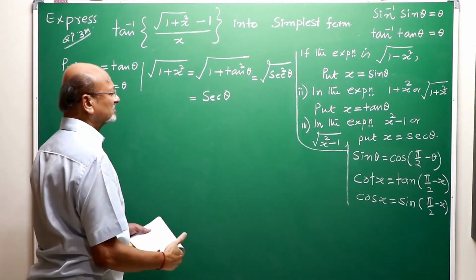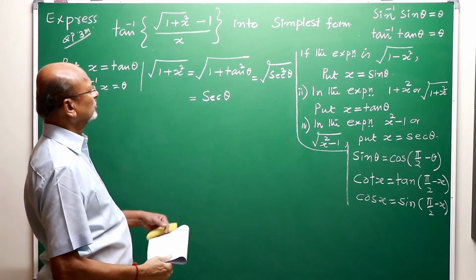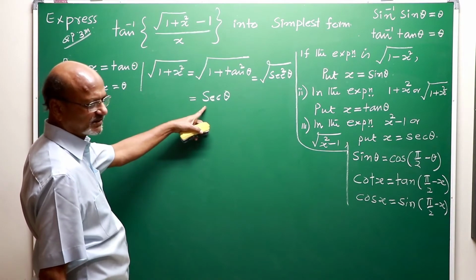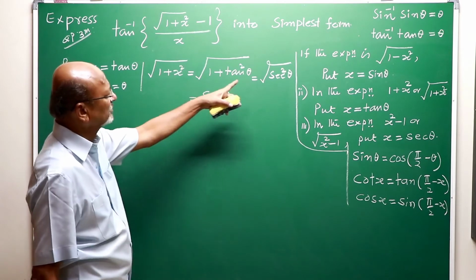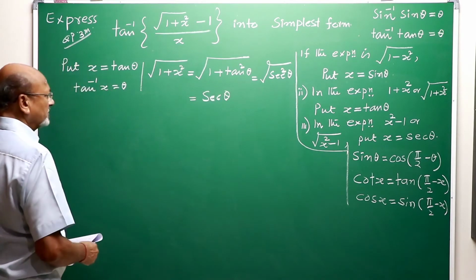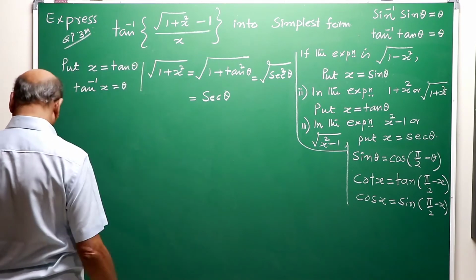If x is tan theta, root 1 plus x square is sec theta; you can write it directly. Now substitute in the given expression.